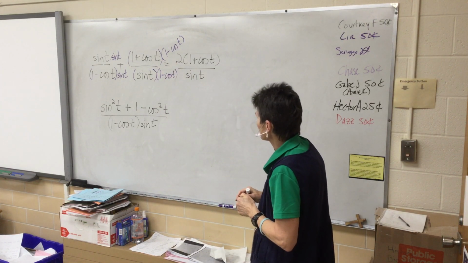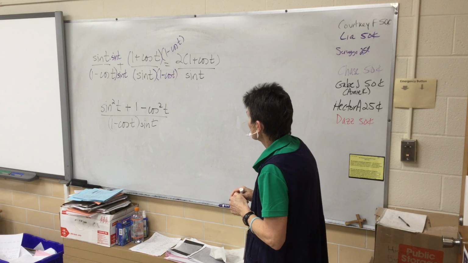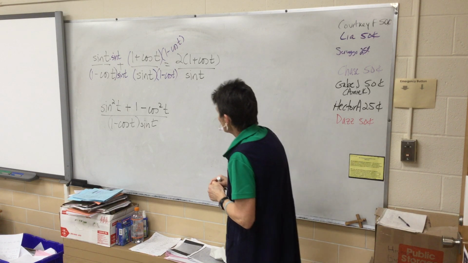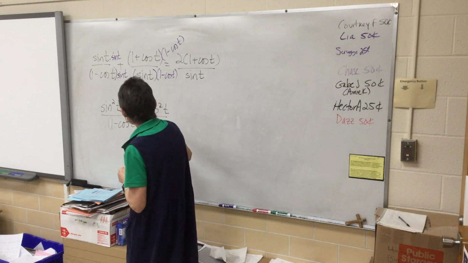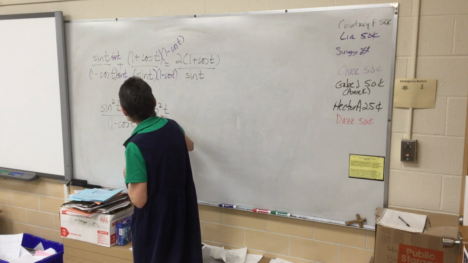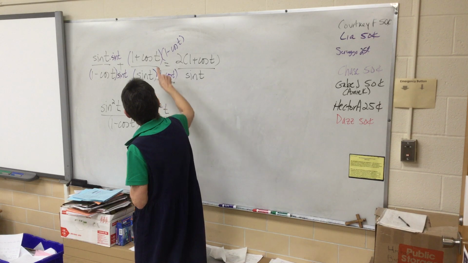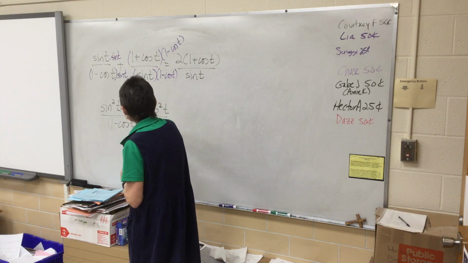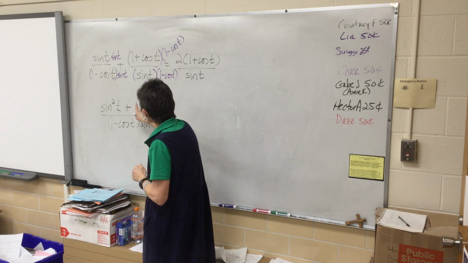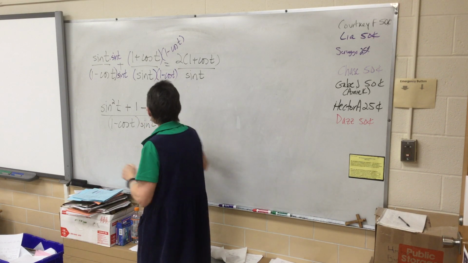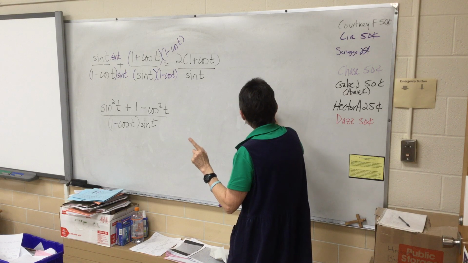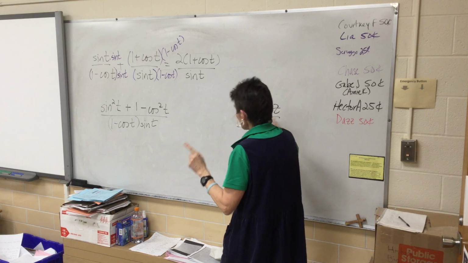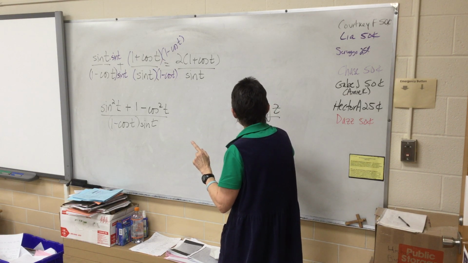Well, you could change the sign. Why don't you get to 1 minus cosine times 1 plus cosine so you can take the cosine out of the denominator? Okay, but remember, if I do that, it's like if you have x squared plus yz over xz.